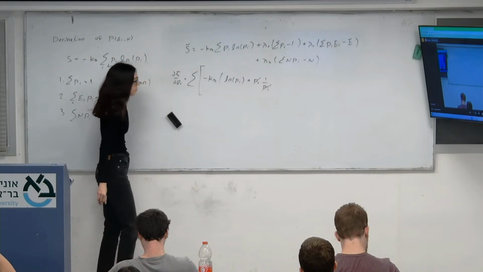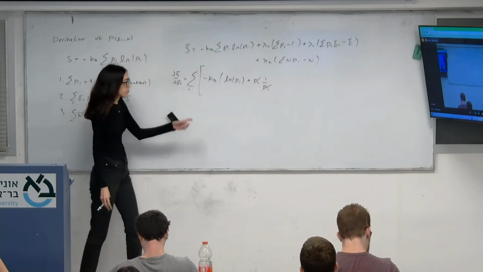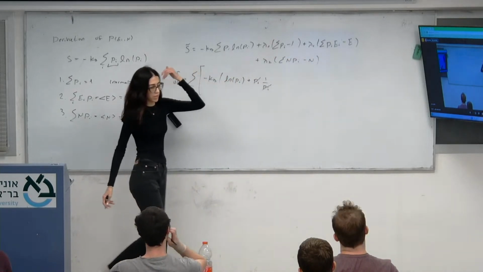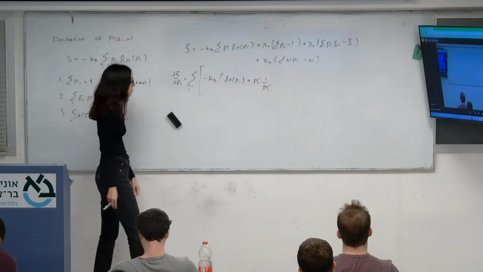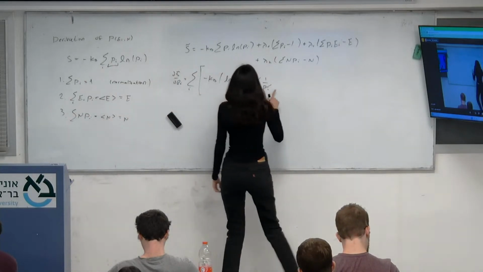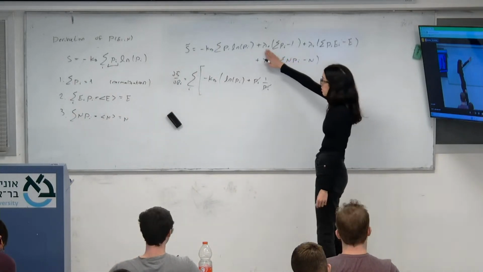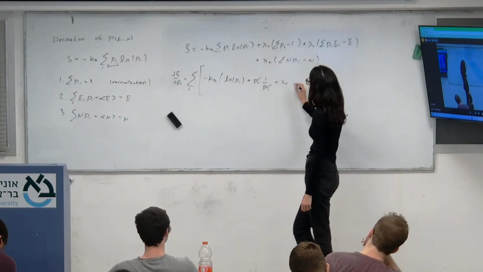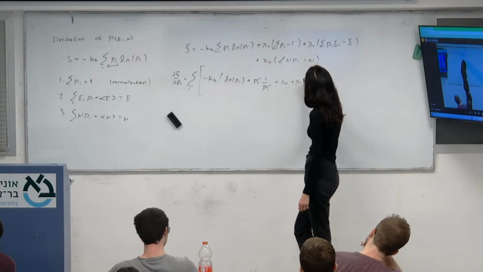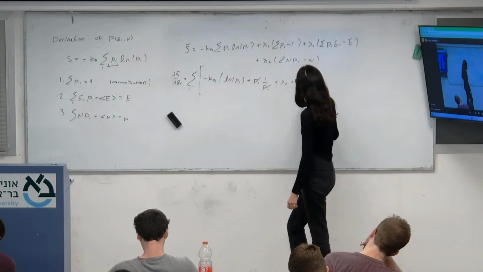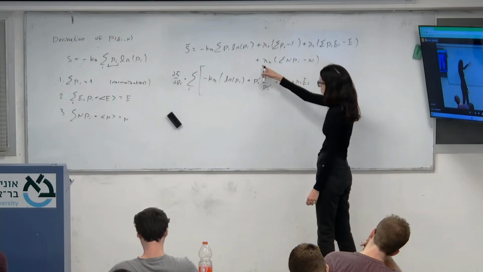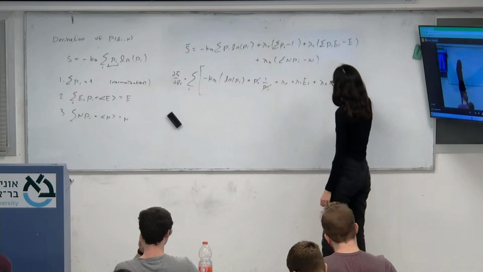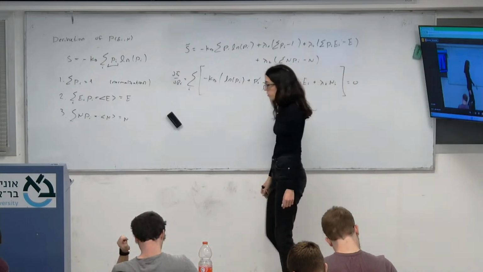All of the terms that are going to survive include the sum, so we can take the sum outside of the expression. So this is plus 1. From the second expression, I have just lambda 0. From this, I have lambda 1 E_i, and from the last expression, I have lambda 2 n_i. And all of this is equal to 0.